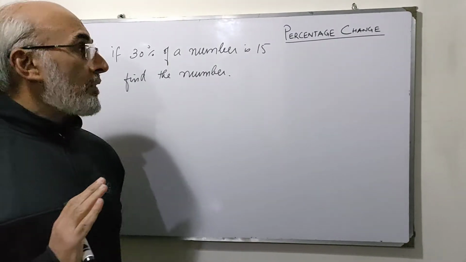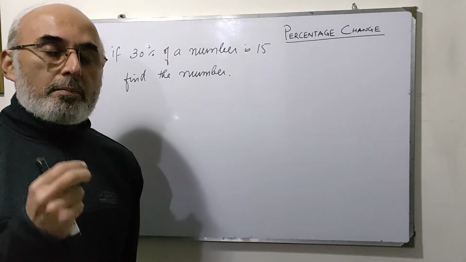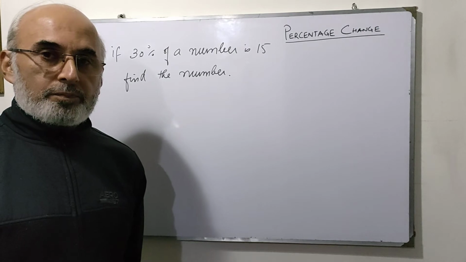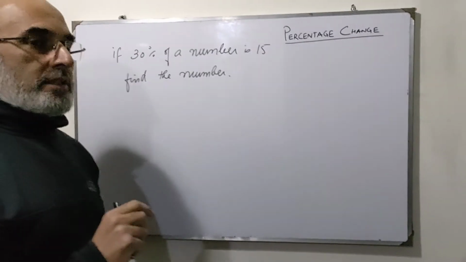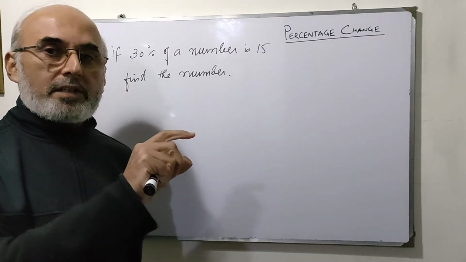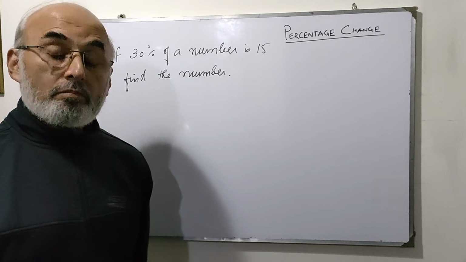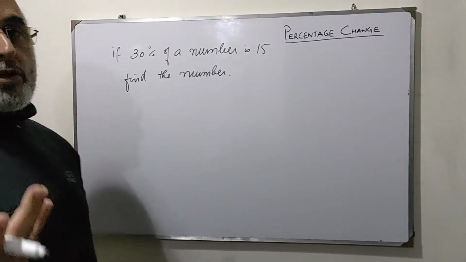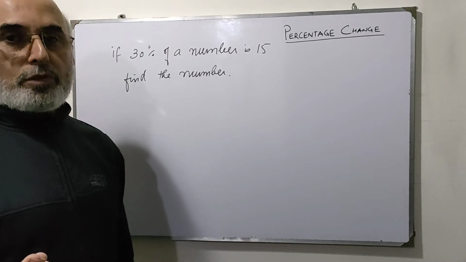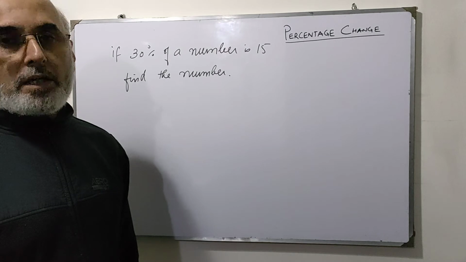Now, in this case, the original number is not known, but the scenario says we know that 30% of that unknown number is 15. So, when we don't know the number, what do we do? We take a variable for the number.